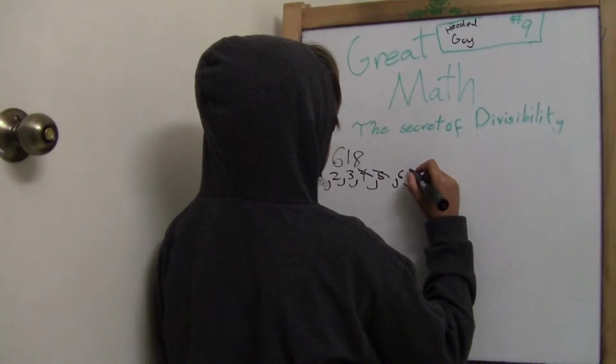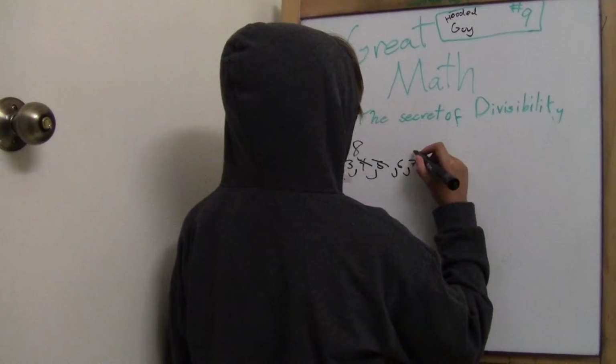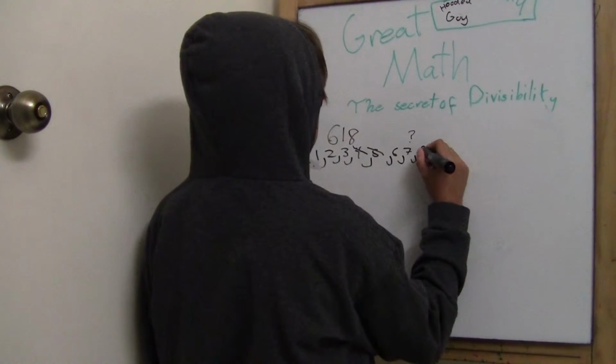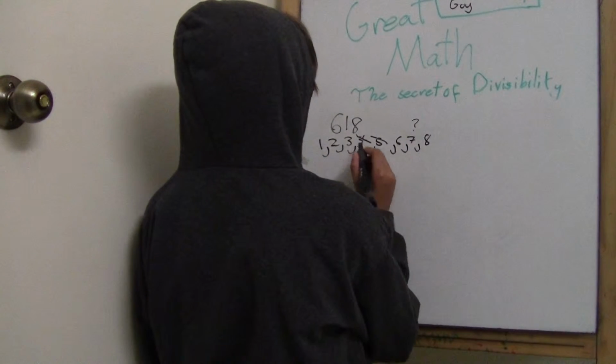Number 7, we don't know for sure, so we'll hold on to that. Number 8, no, it's not divisible by 2 and 4.